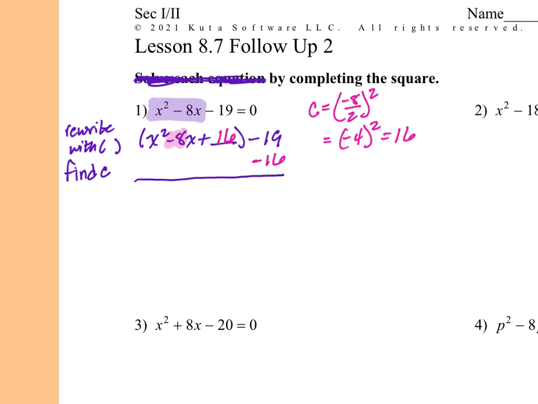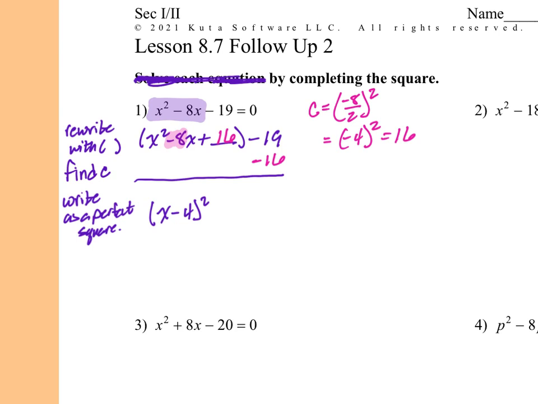And then I'm going to say write as a perfect square. So I'm going to write it as a perfect square, just like what we got doing just recently. So this becomes x minus 4 squared. Where does that minus 4 come from?